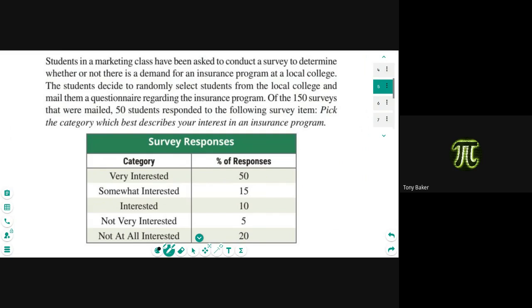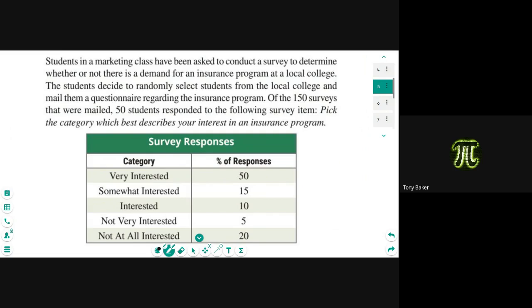Okay, so they actually took the time to respond, which can create some bias. What about the marketing class, or people who are in a statistics class? One of the first things I told you is always respond to your surveys, right? But again, we don't know who those 50 students that responded were.